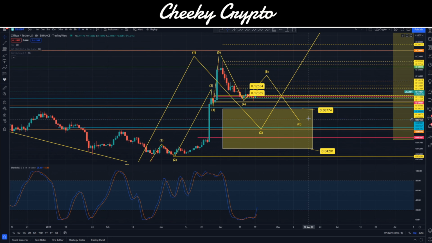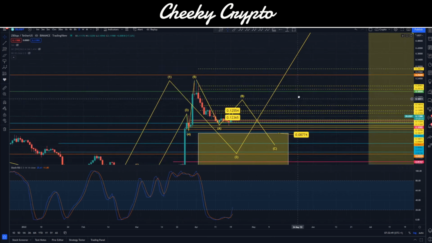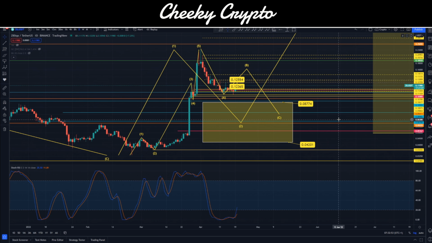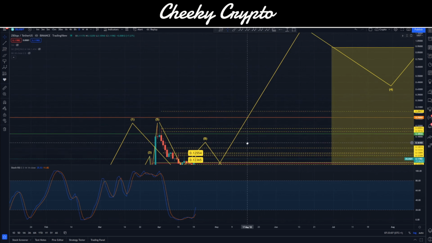And once this C wave is done, there's going to be one hell of a blast to the upside. I think Zilliqa has some true potential to go into some crazy high numbers based on what we're seeing so far. If this does stay as an ABC structure coming down, a 5-3-5, then that could mark the end of a wave 2. Obviously, we don't know if it's a wave 2 yet until wave 3 comes in.